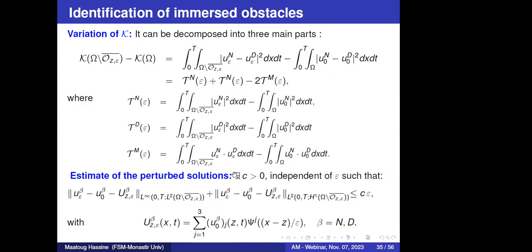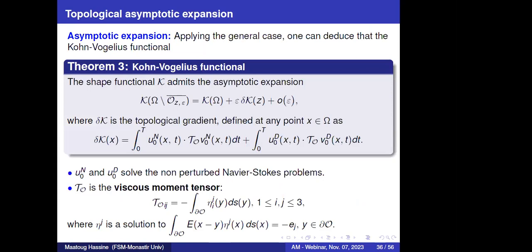One can prove that there exists a positive constant independent of epsilon such that the velocity field variation satisfies this estimate for both the Neumann and Dirichlet perturbed problems. And using the general developed case, one can deduce that the convolvulus function satisfies this asymptotic expansion, where delta k is the topological gradient associated with the convolvulus function, defined by this expression, where u n0 and u d0 solve the non-perturbed Navier-Stokes problem.